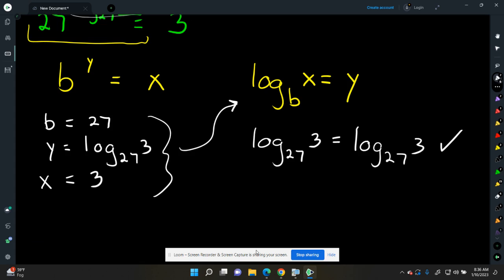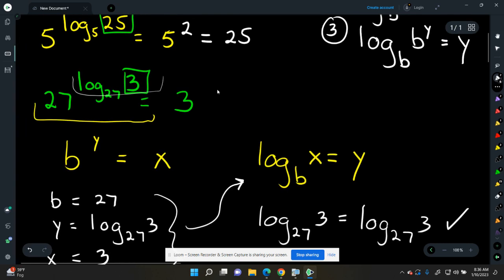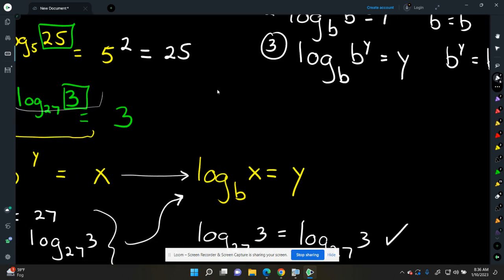So of course it's true, right? So this starts out in exponential form, but according to my definition, I end up with the same log on both sides. That leads us to our next property, property number 4.